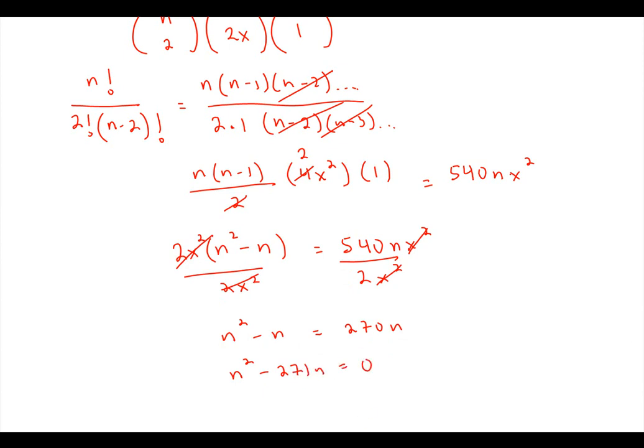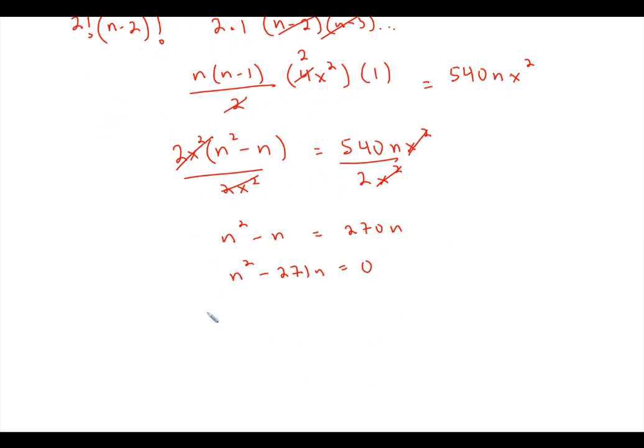And then let's continue working this out. We're going to take out the GCF, which is n. So we have n times n minus 271 is equal to 0. So n will equal 0, and n will equal 271. Now earlier, remember, I said n has to be a positive integer, so we're going to reject the 0. So our answer is going to be 271.